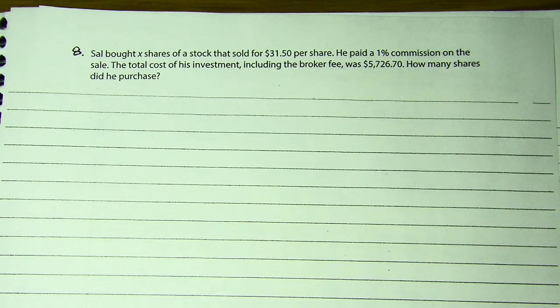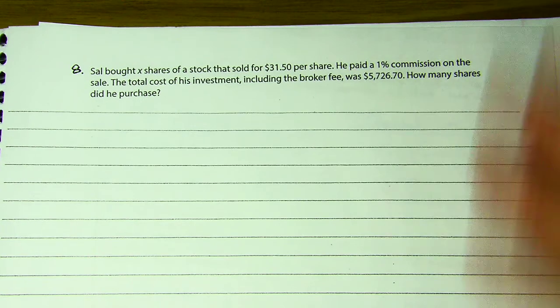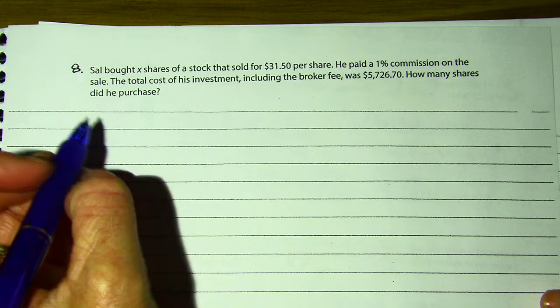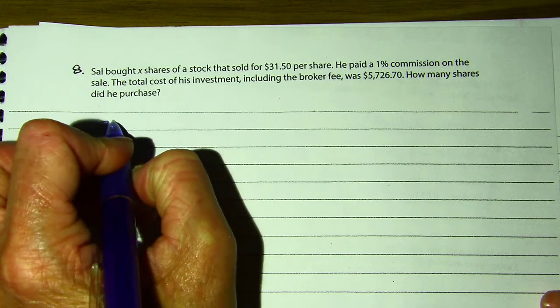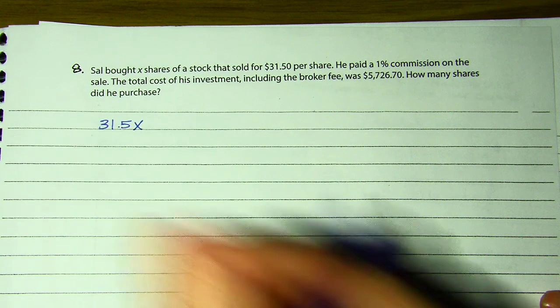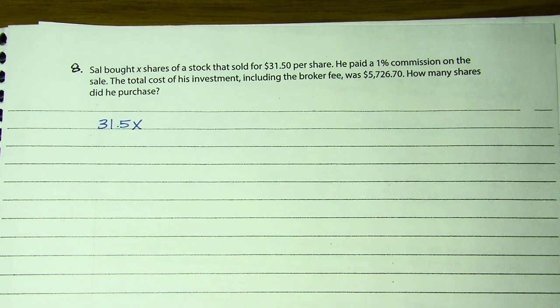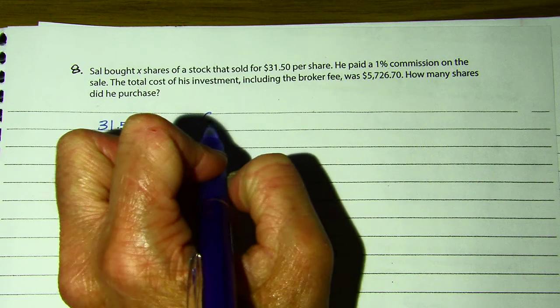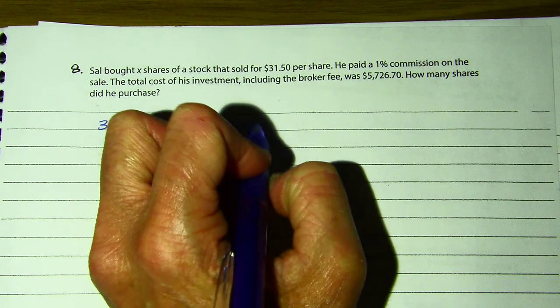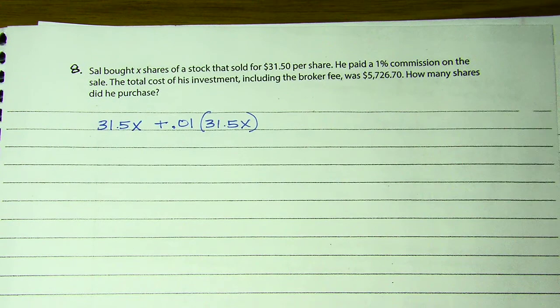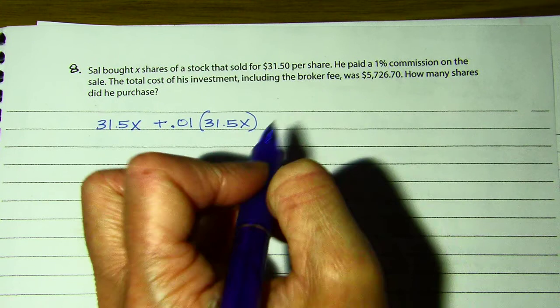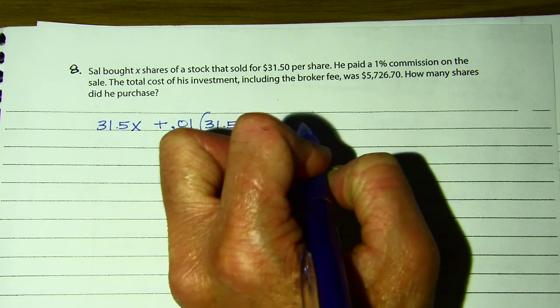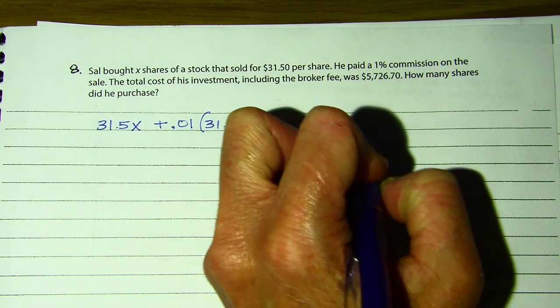Last one. All right, so Sal bought X shares of stock for $31.50 per share. So he paid $31.50 per share, so times X, plus he paid 1% of whatever he paid in total, so 0.01 times 31.5x. And he in total paid $5,726.70.